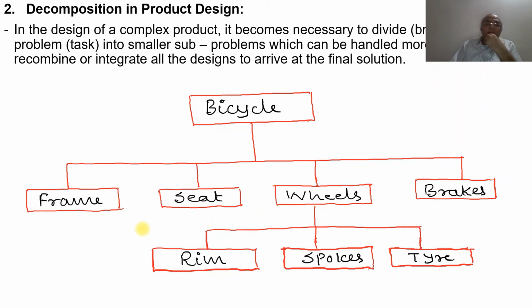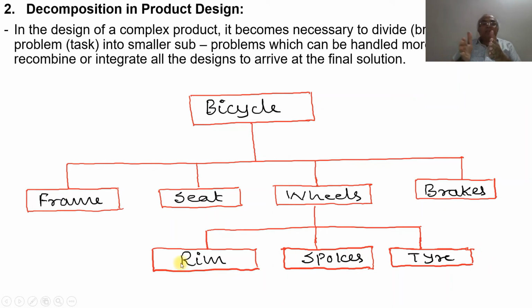Say for example, if you are considering the development of a bicycle, a bicycle will have a number of parts. One may be a frame, another a seat, then wheels, and then brakes. Once it comes to the wheels, again we have the rim, the spokes, and the tire.